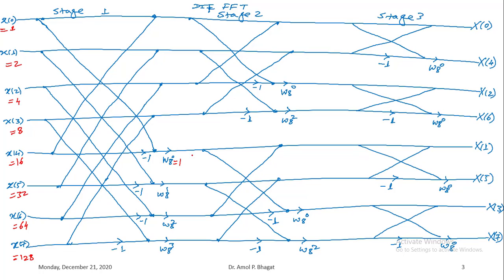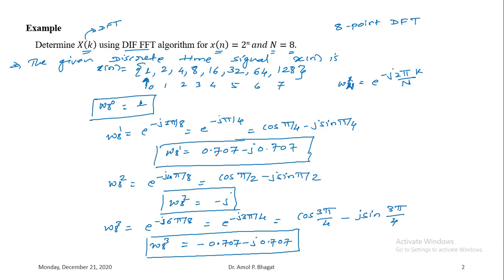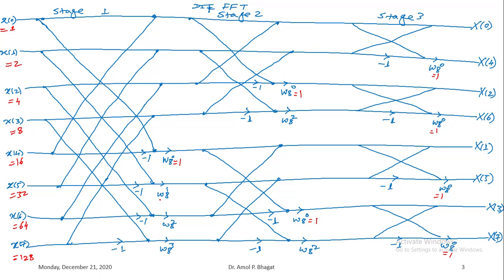W8 0 is 1, right? So wherever there is W8 0 we'll be writing 1. W8 1 is 0.707 minus j 0.707, W8 2 is minus j, W8 3 is minus 0.707 minus j 0.707.